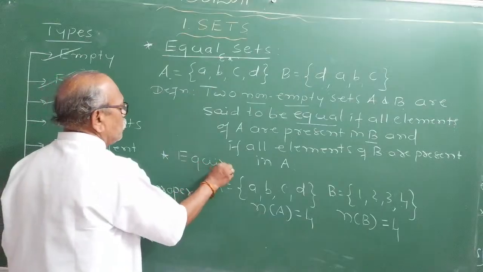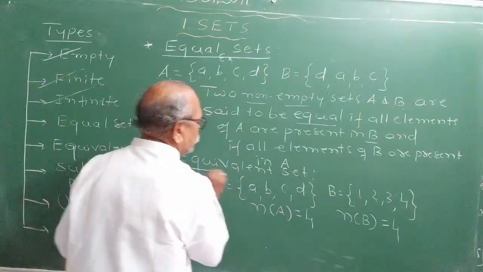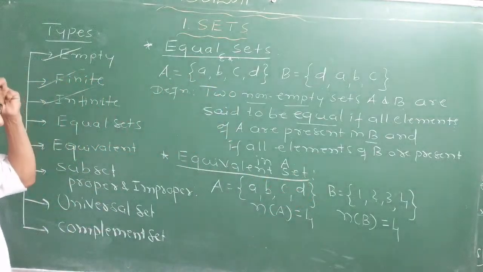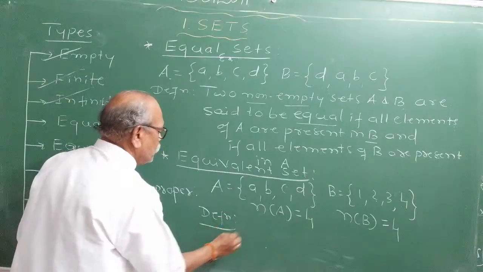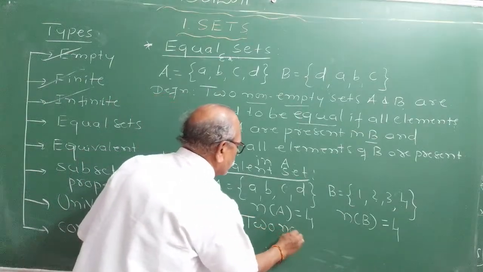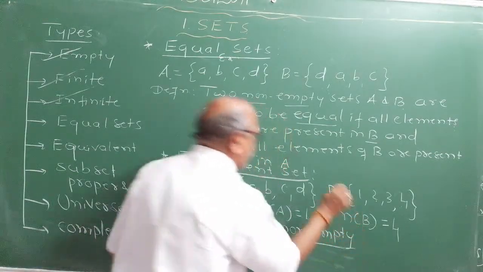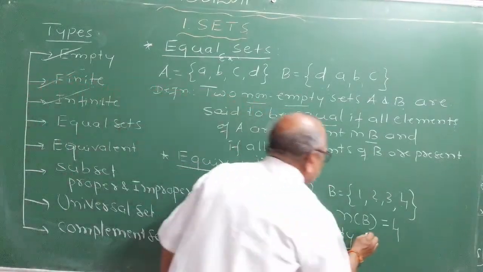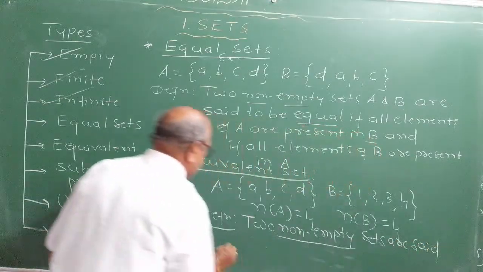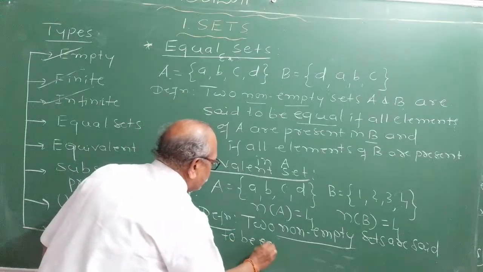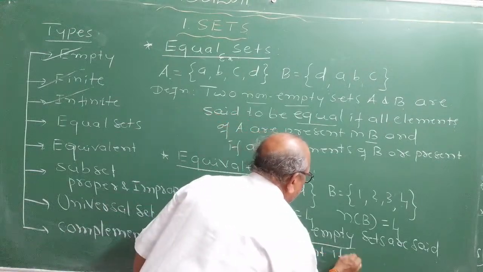What are they called? Note down, equivalent set. I hope you understood what is equivalent set. You can define equivalent sets as two non-empty sets. This word is important. You have to include non-empty, which means they will contain at least one element. Two non-empty sets are said to be equivalent if they have the same cardinal number.